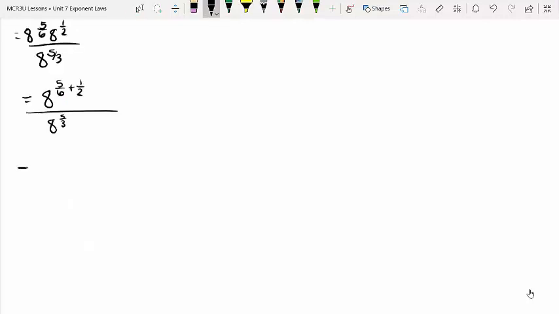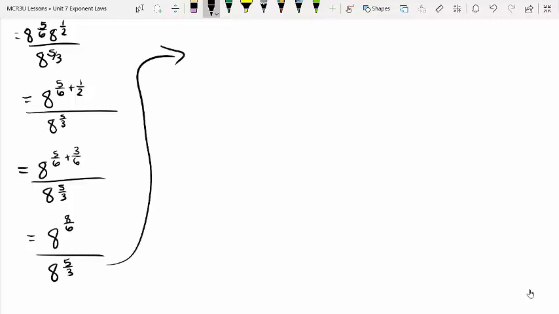To add my fractions, I need to have common denominators. Now if I simplify the fraction in my numerator, I'm going to get 8 to the power of 4 over 3, over 8 to the power of 5 over 3.